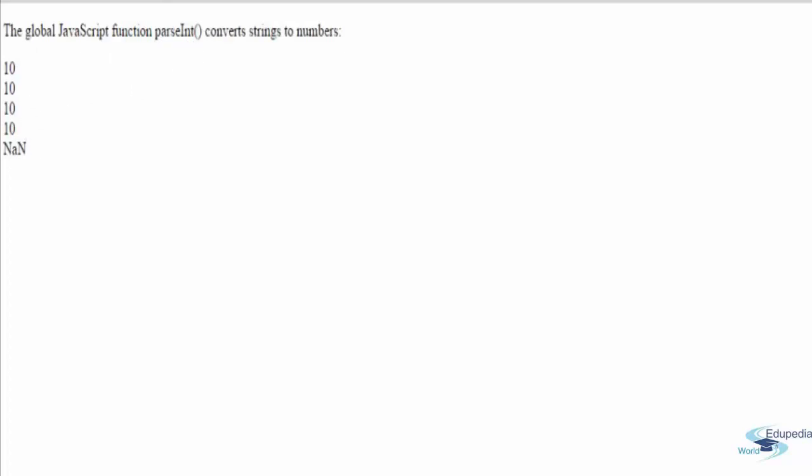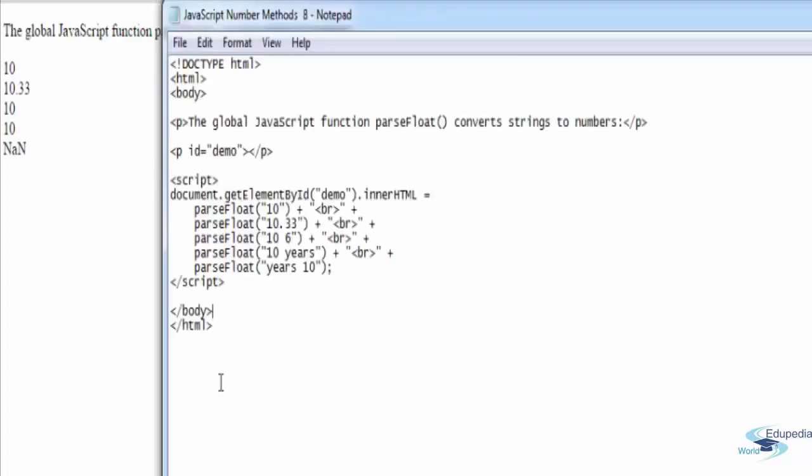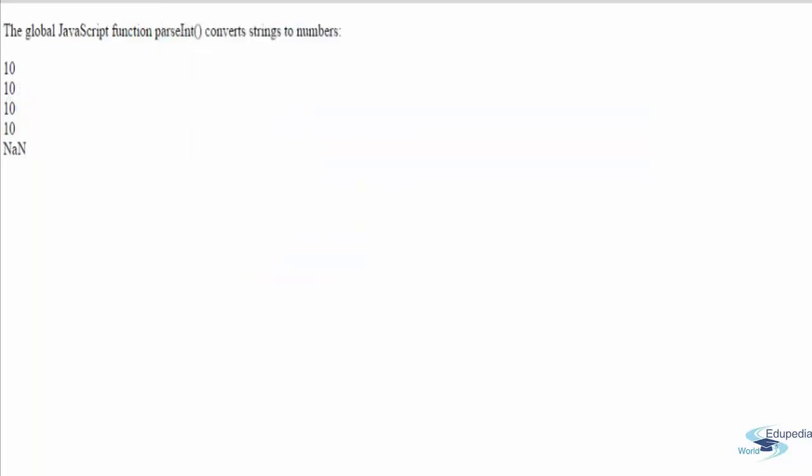If you look at the examples, parseFloat converts strings to numbers, and the only difference is that it returns a floating point number. 10.33 is returned as it is. That's the only difference. In the previous example, there are no decimal points returned, but with parseFloat, decimal points are returned.